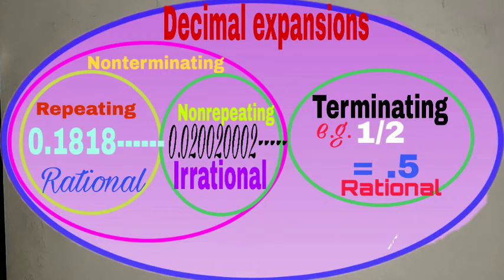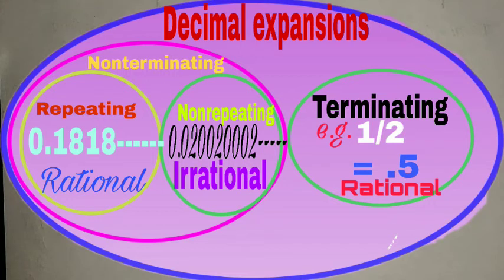We can denote it using a circle diagram. First we take a large circle. In the large circle we take two small circles. In the first circle we put non-terminating, and in the other circle we put terminating. In the non-terminating circle there are two circles: one is repeating and the other is non-repeating. You can see the value of repeating is 0.181818 and so on.